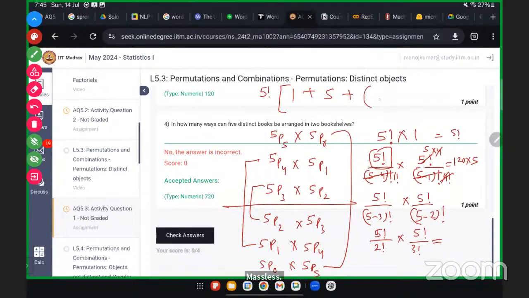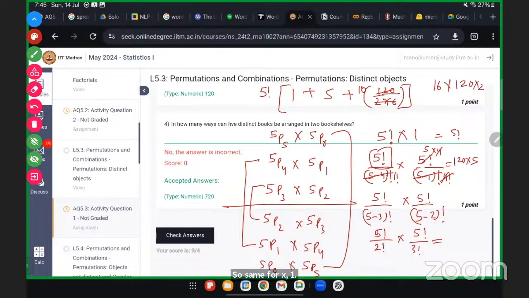Sir, in this question, we have two bookshelves, no? So we can put 5 books in one shelf and 0 in the other. And then we can put 4 in one and 1 in another. So this is simple, we can add and we get 720, or 120 into 2.